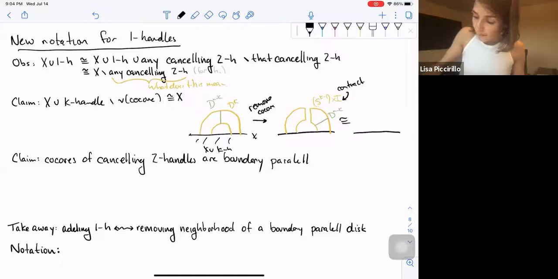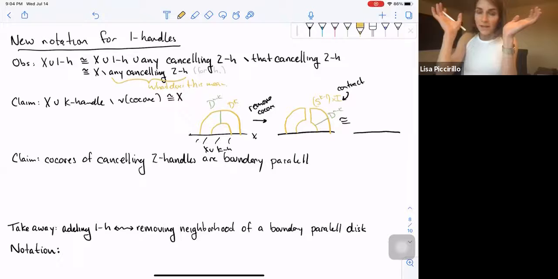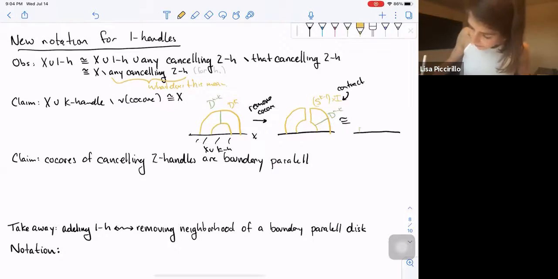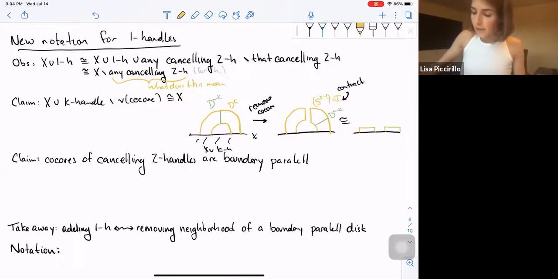And what's that going to do? It's going to take this S^(k-1) cross I that used to come up here close to the co-core and cause it to not go very far at all. What we see is something like this. And it's not so hard to finish this off and show that this is just diffeomorphic to X.